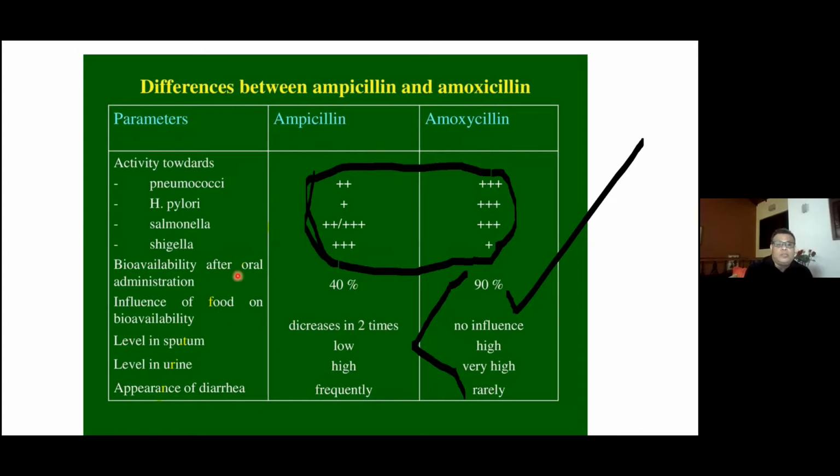Because of its long duration of action in the serum, amoxicillin can be given 3 times a day and ampicillin has to be given 4 times a day. Therefore, amoxicillin has better patient compliance compared to ampicillin, which needs to be taken 4 times a day. That is the main reason why amoxicillin is the drug of choice in our main practice.